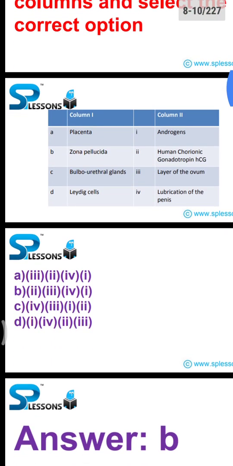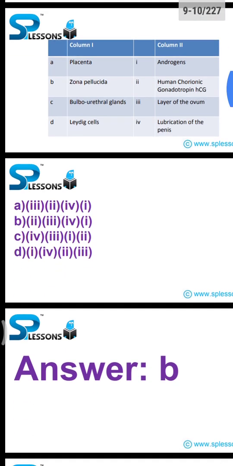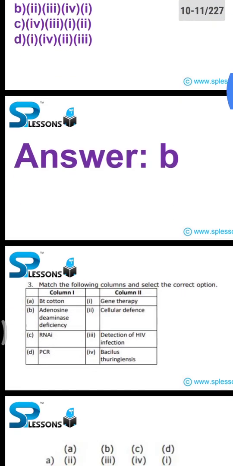In column 2 we have androgens, human chorionic gonadotropin HCG, layer of the ovum, lubrication of the penis. And the options are option A 3241, option B 2341, option C 4312, option D 1423. And the answer is option B 2341.